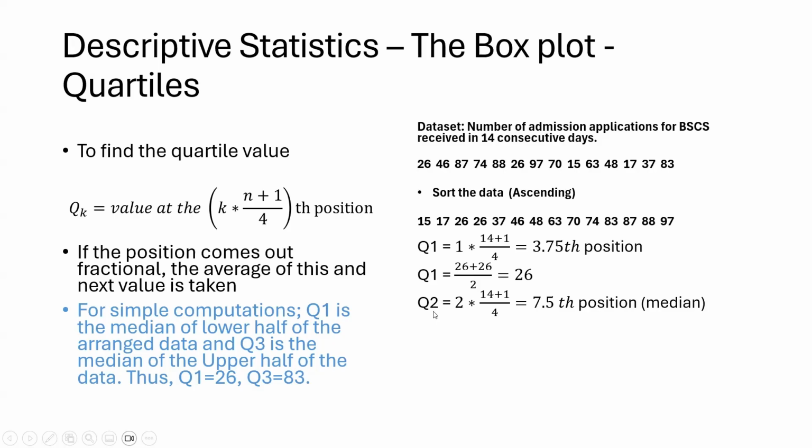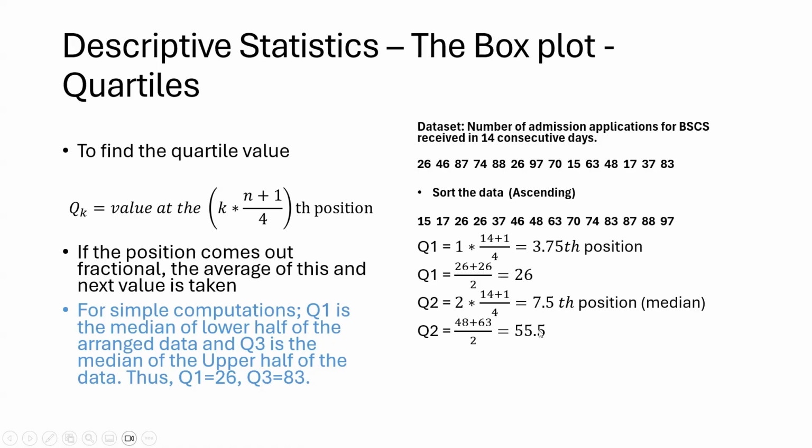And in the case of Q2, we replace k by 2. When we did this calculation, we got the 7.5th position, which means that we'll have to take the 7th and 8th positions. So this was 4, 5, 6, 7, and 8. We have 48 and 63 here.